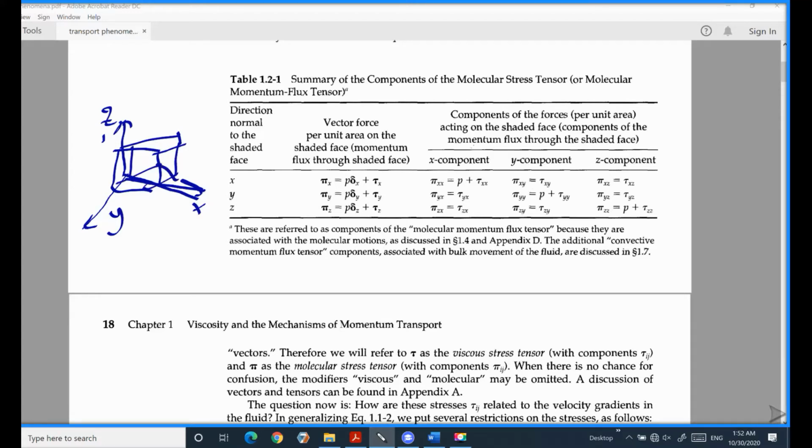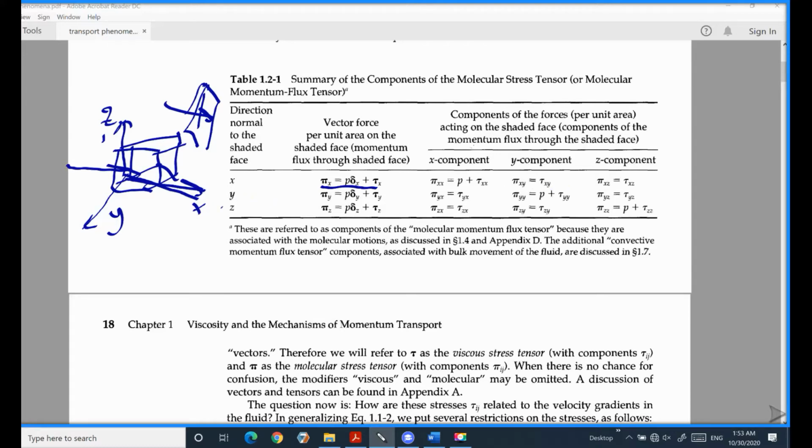For the x direction, like this direction, the vector force per unit area acting on the shaded area in the first one, we call by this term. This comes from pressure forces. This comes from the viscous forces, but because these viscous forces are not necessarily perpendicular to the surface, it has three elements: for x component, that one; for y component, that one; for z component, that one.